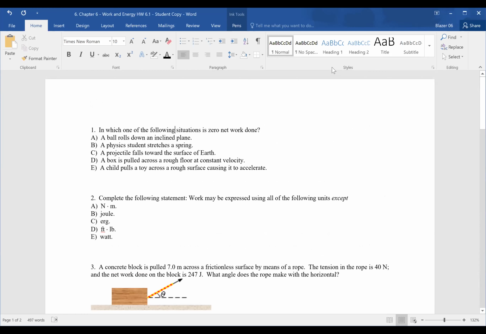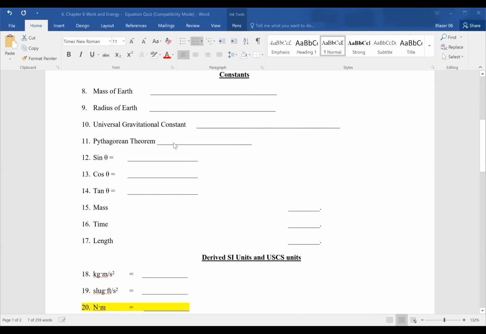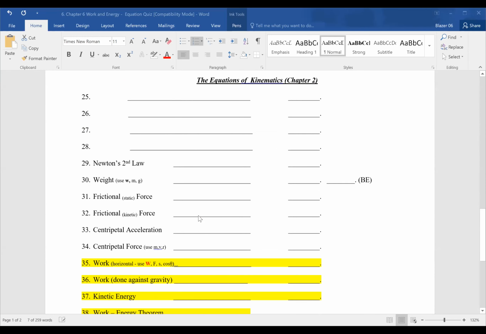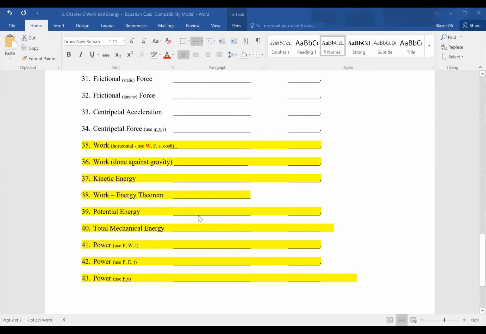Okay, so the main thing now, class, will be for you to have your lecture notes, hopefully your textbook, because I had to skip through this kind of quickly, and your equation quiz, so that you can have all of your equations in front of you when you start to do the homework.